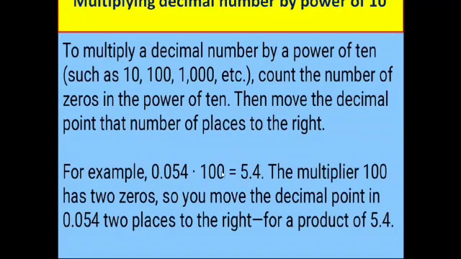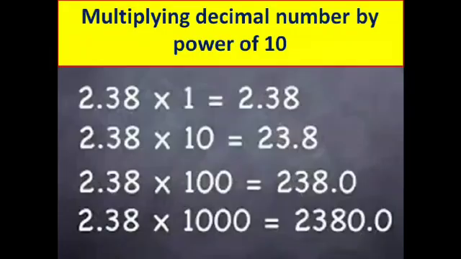I will count the number of zeros in this number. Here there are two zeros, so the decimal will move two places right. So any decimal number, when multiplied by 10, 100 or 1000, we count the zeros and we shift the decimal. Let's see one more example.